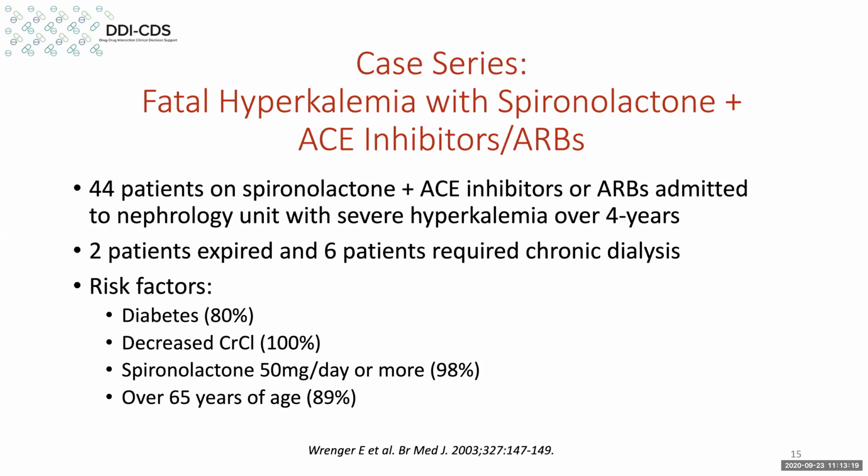This is another small case series. And again, patients who had really pretty bad outcomes from this. And once again, we see exactly the same risk factors here. A lot of diabetes, a lot of renal dysfunction, and high doses of spironolactone. And again, patients in this case above 65 years of age being very common.